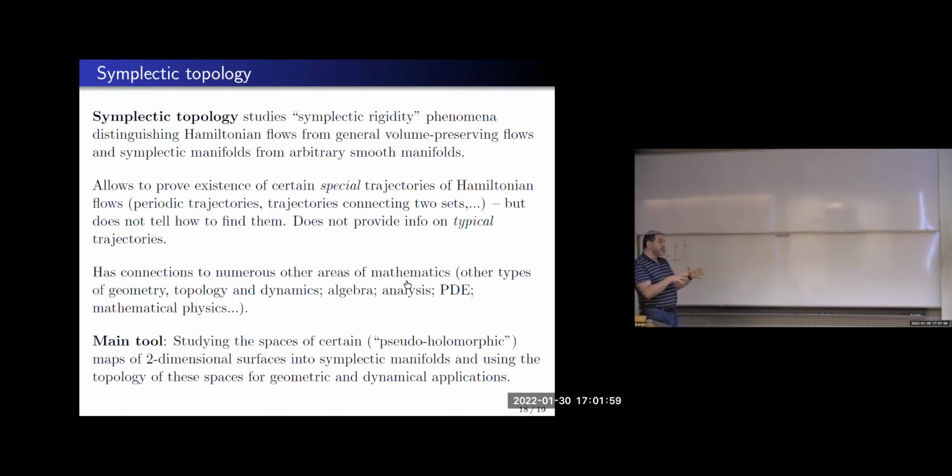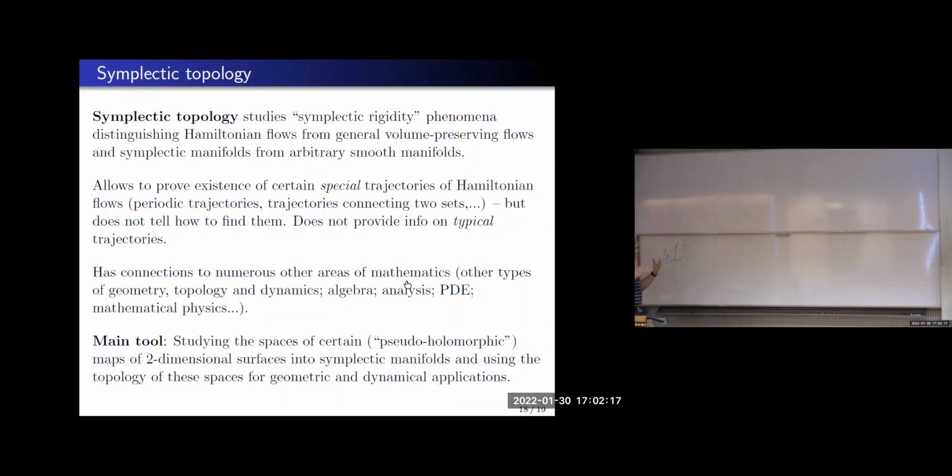And then using the topology of the spaces of such mappings, so we're studying basically not only the topology of the target space, the symplectic manifold where you map your pseudo-holomorphic curve, but the space of the mappings itself, right?